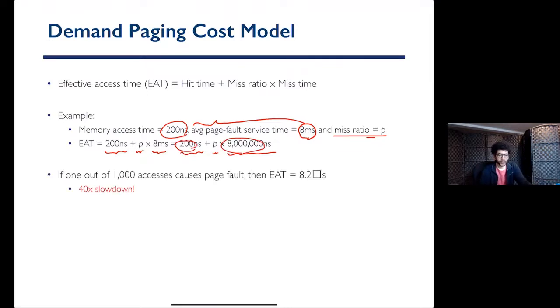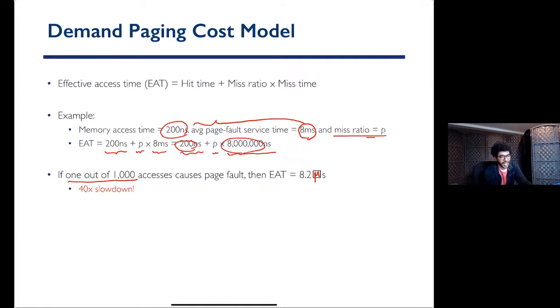Now let's put different P's in and see what this average would be. If 1 out of 1,000 accesses to memory results in a page fault, then the estimated average access time would be 8.2 microseconds.